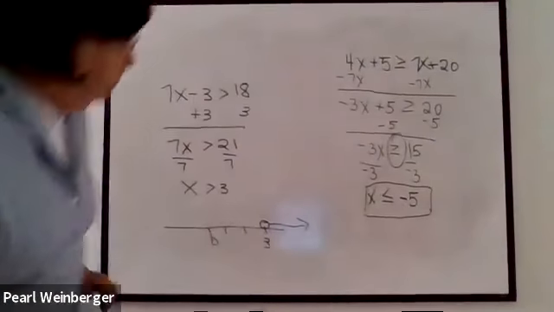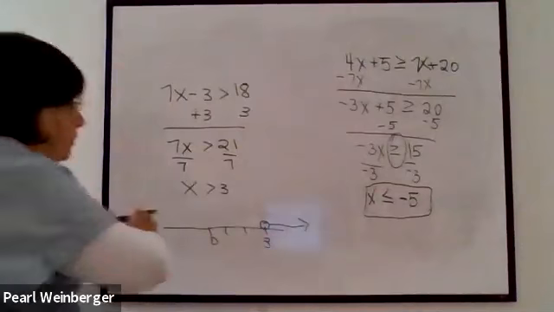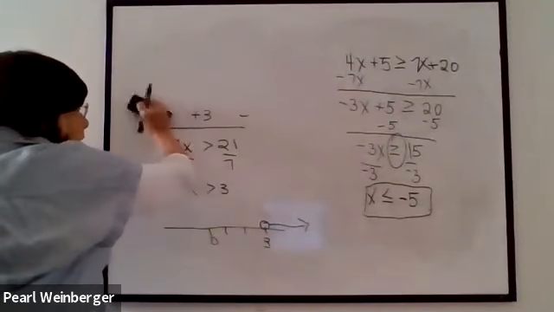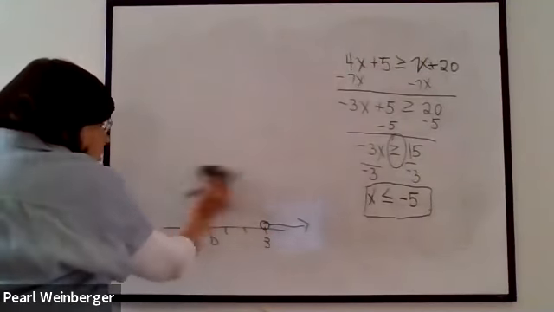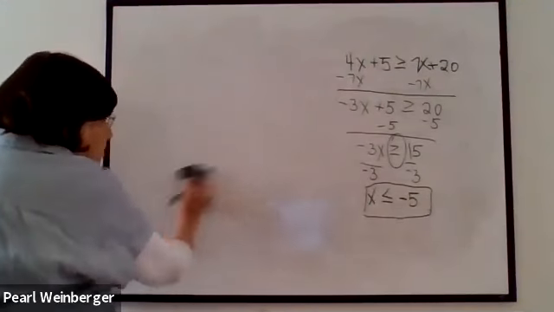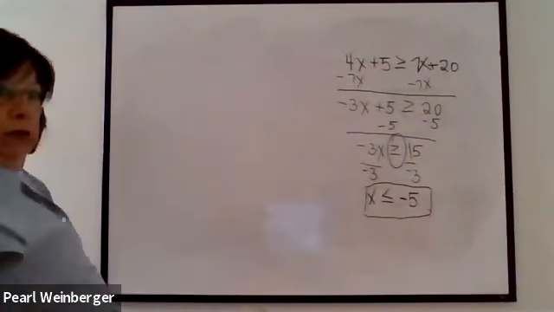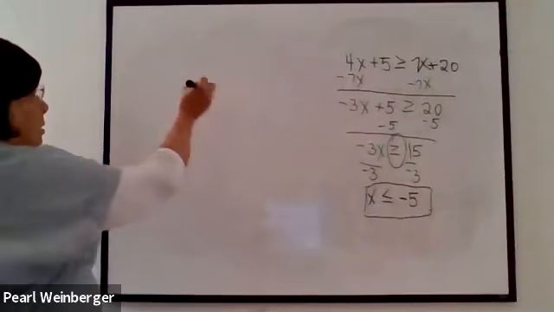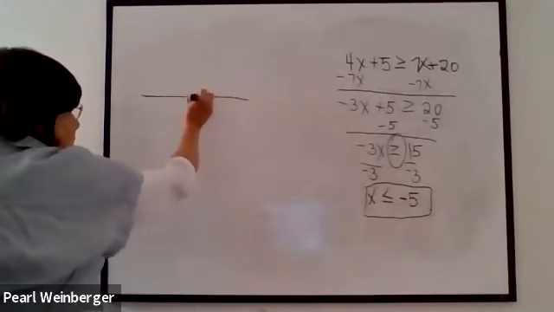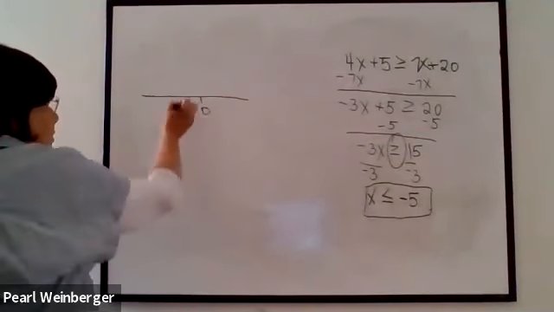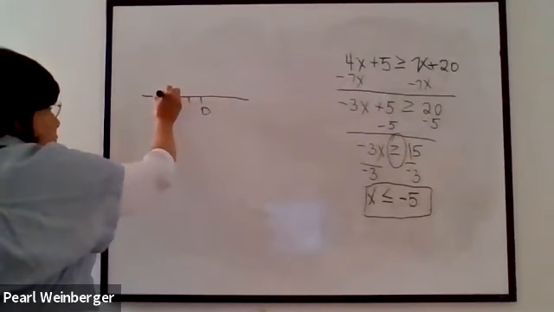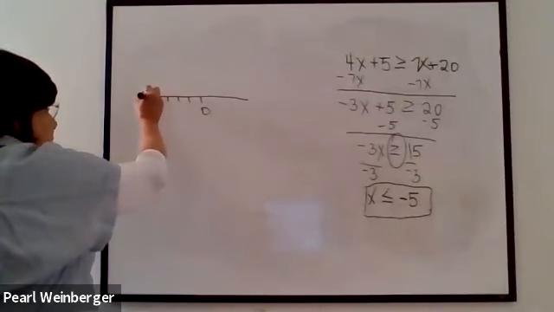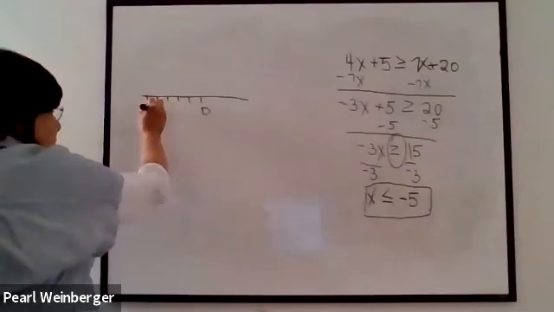If we want to do the solution of that on the number line, it will look like this. Okay, here's my number line. -1, -2, -3, -4, -5 is right here.